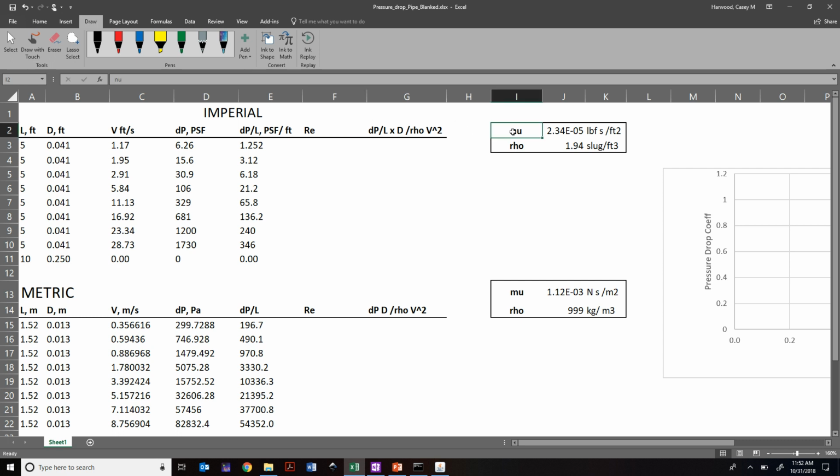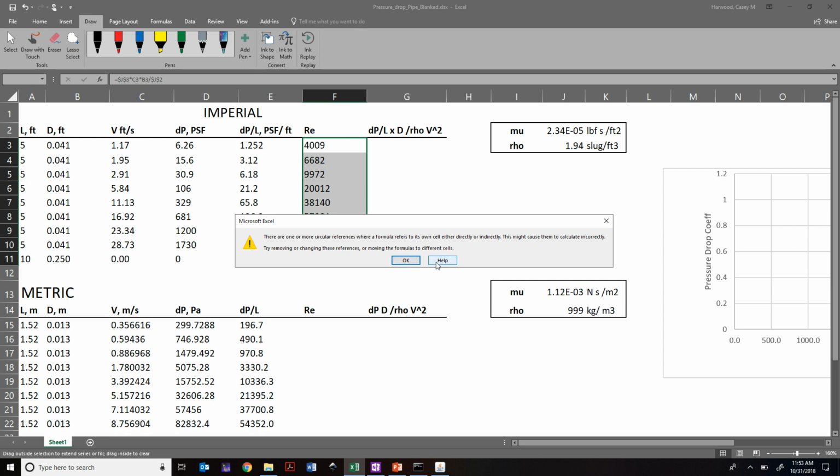If we say this is equal to density, in slugs per feet cubed, times the velocity times the diameter divided by the dynamic viscosity, we can calculate that for each case.